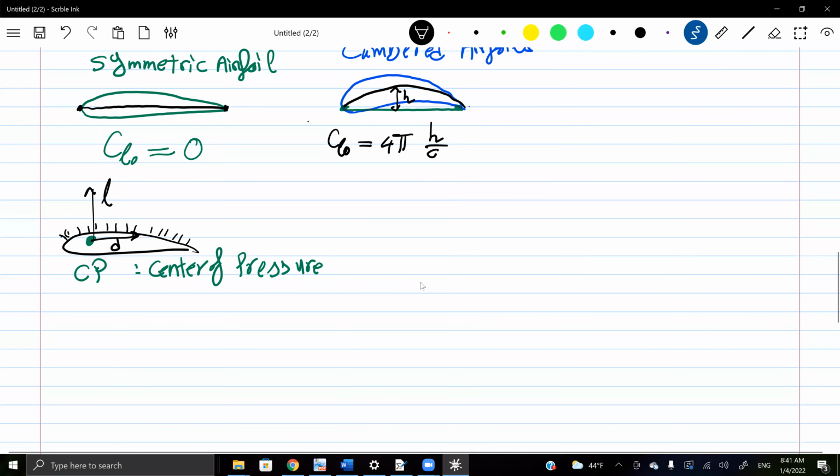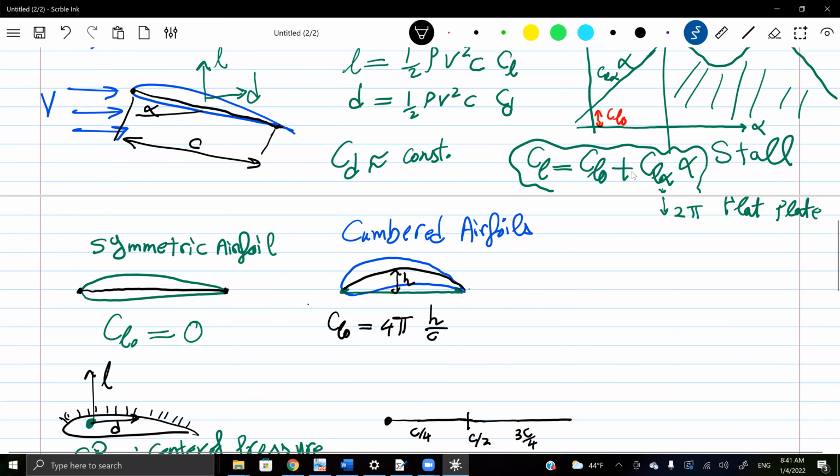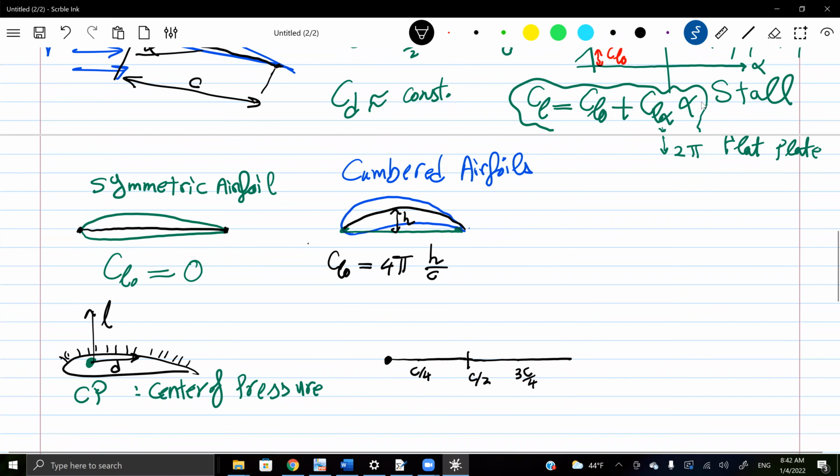If I have my chord line like this, this is the leading edge, this is quarter chord, this is half chord, 3/4 chord, and trailing edge, and so on. And I'm looking for a reference point. We have seen that the lift has two main contributions. One is due to camber, CL note, and one is due to angle of attack.